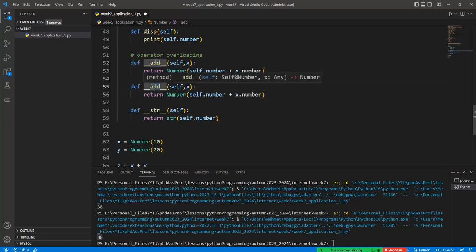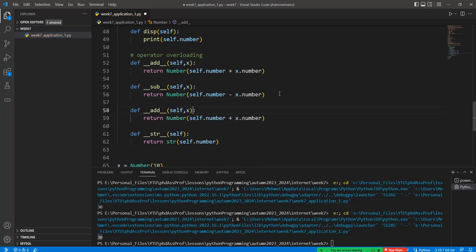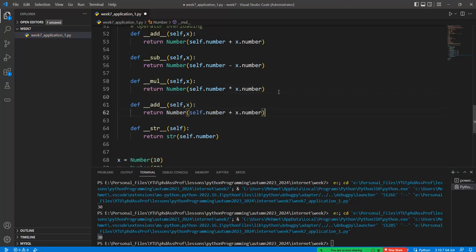This add can be changed with the sub, and we can assign the minus, and this add is changed with the multiplication operator, or this add can be changed with the truediv variable in here. Okay, this is the division operator for our class.